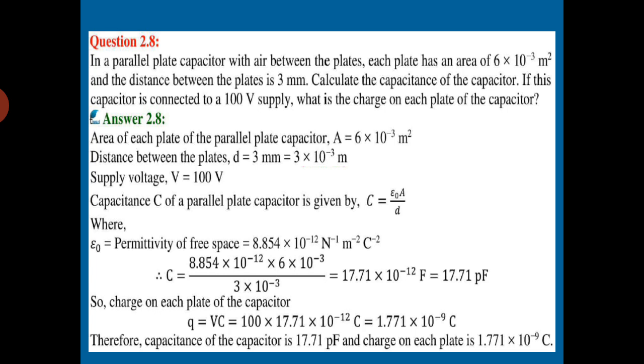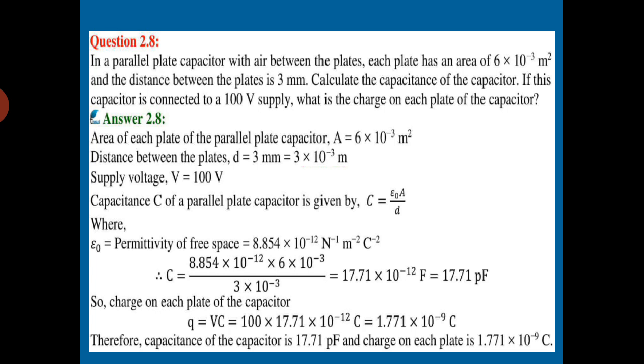Milli is 10 raised to the power minus 3. If the supply voltage, which is also given in the question, is 100 volts, what is the charge on each plate of the capacitor? You are to calculate the charge also on each plate of the capacitor.